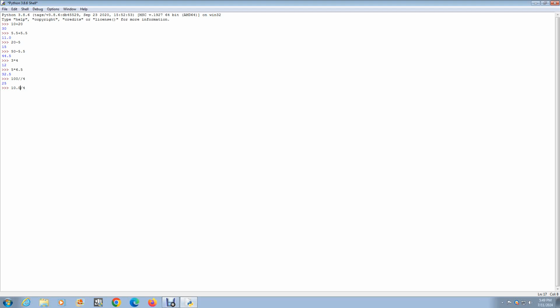If I divide by only one slash, I should get 2.5. That is correct. Because notice, if I put 10 double slash 4, I don't get 2.5. I get 2 because it's doing integer division. So if I want floating point, I have to use only a single slash. 10 divided by 4, 2.5.